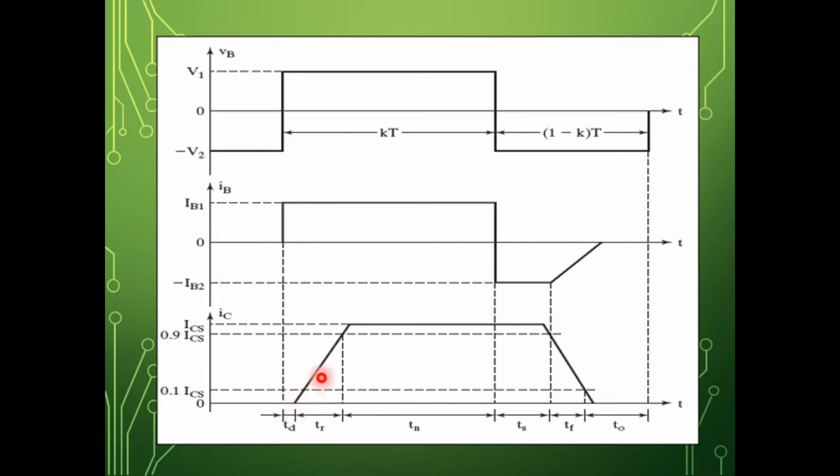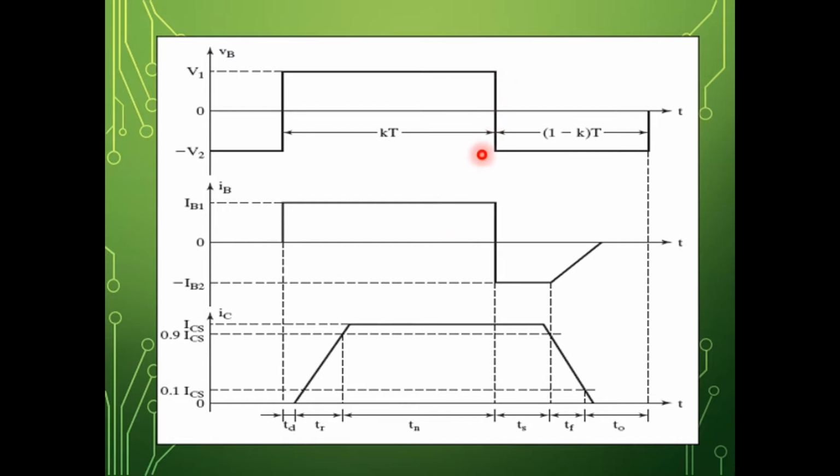Then only the collector current will start increasing. So there is a delay while the junction capacitance charges, and after that the collector current will increase. This time is called the rise time. Once it has attained saturation, even if you increase the base current, the collector current will not increase. All the excess charges will be stored in the base.